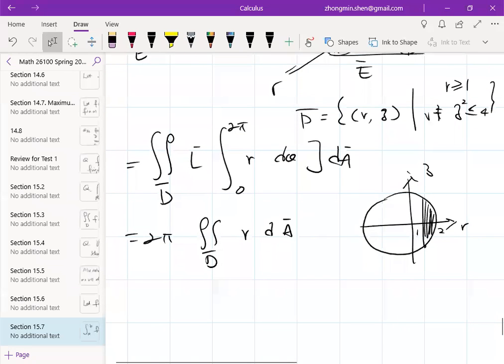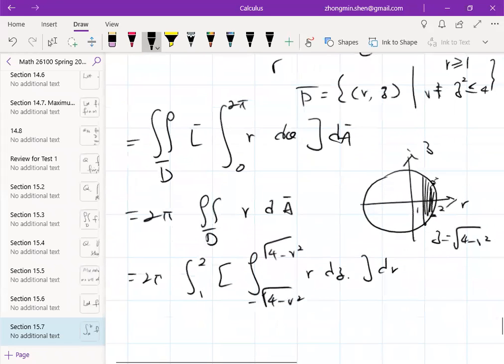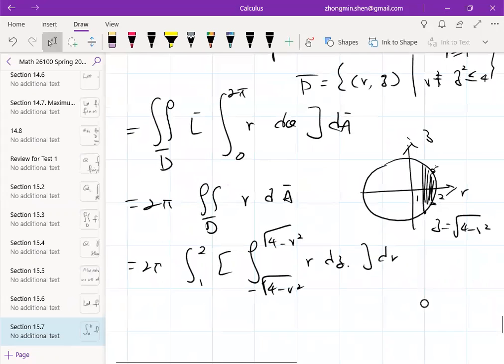You can start by fixing r from 1 to 2, dr, then z should be between the lower bound and the upper bound, right? z is going to be negative square root of 4 minus r squared, and positive square root of 4 minus r squared, dz. Okay, so this is a rough idea to iterate this double integral.